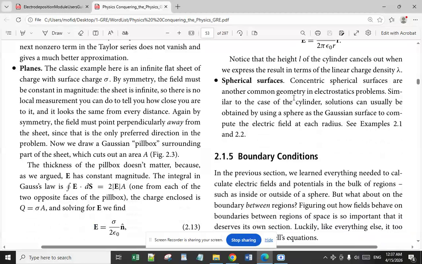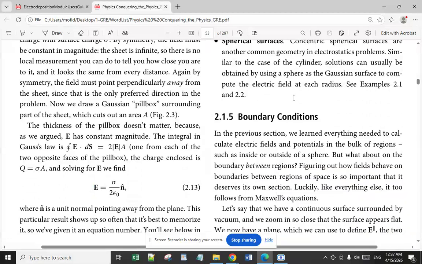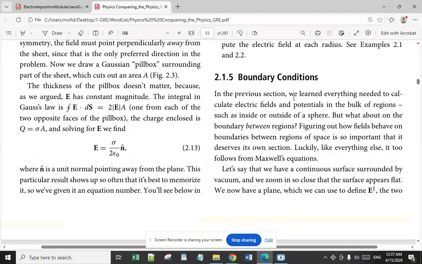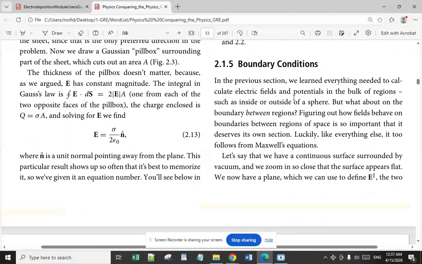The integral in Gauss's law, the closed surface integral of E dot dS, is equal to 2EA, one from each of the two opposite faces of the pillbox. The charge enclosed is Q equal to sigma A, and solving for E, we find E is equal to sigma divided by 2ε0 times n-hat, where n-hat is a unit normal pointing away from the plane.